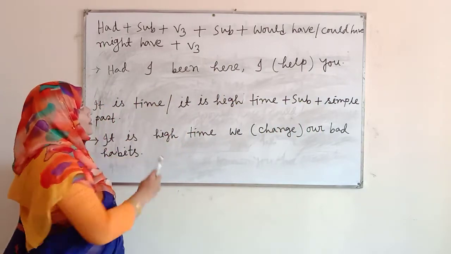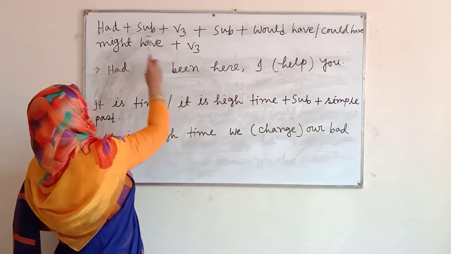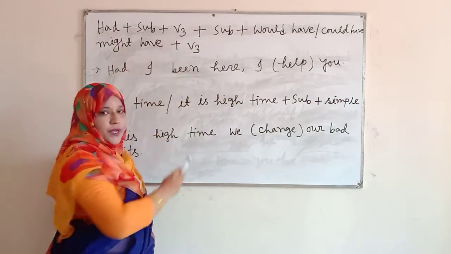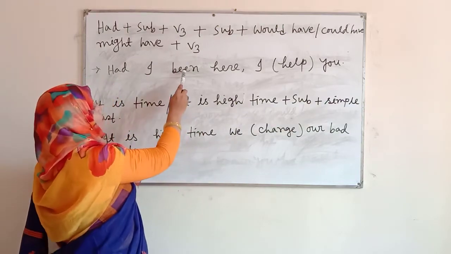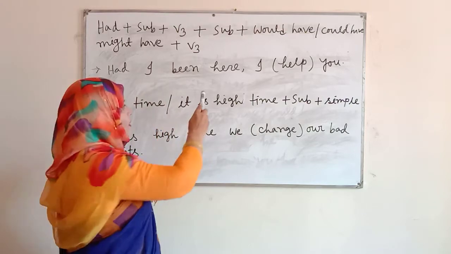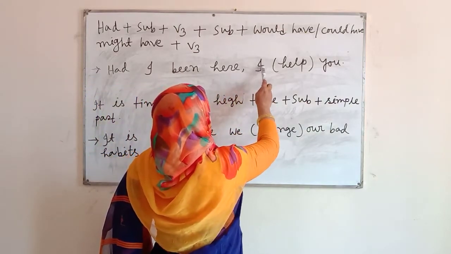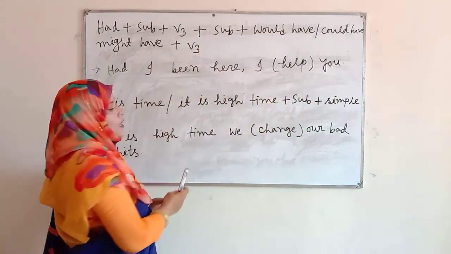Let's see the example. Had I been here. তাহলে আমাদের কি হয়েছে? had plus subject plus verb 3. Verb 3 means ভার্বের past participle form. be এর past participle been here. Then our answer will be subject plus would have or could have or might have plus verb 3.